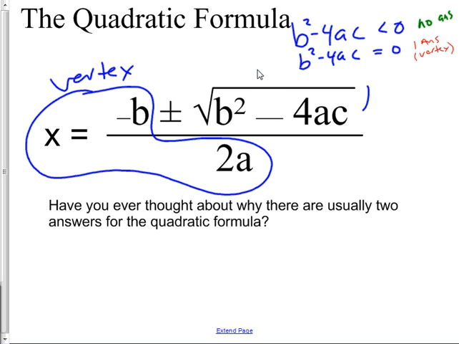And last, if b squared minus 4ac comes out anything else, it'd have to be a positive number then, right? Greater than 0. And then you just proceed as normal. And in a normal quadratic, how many answers do you get? 2.